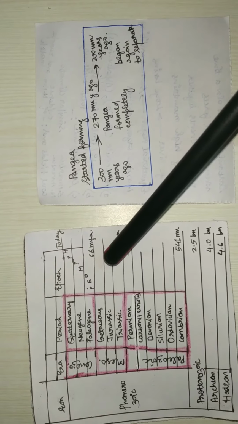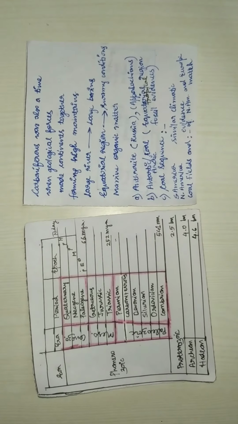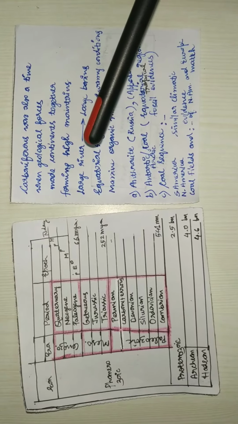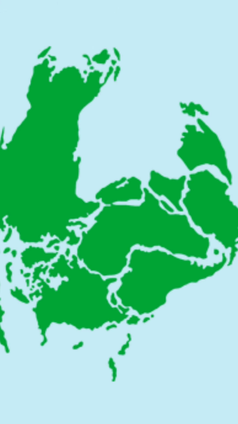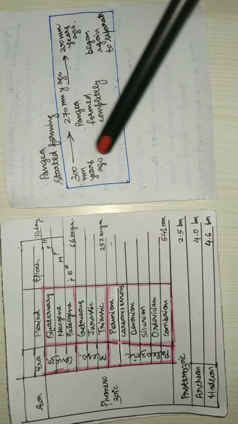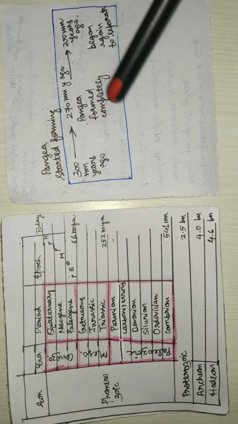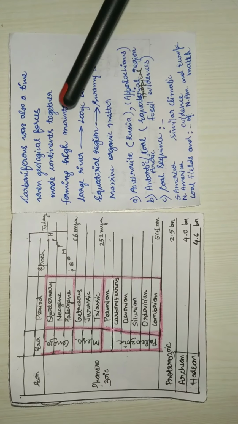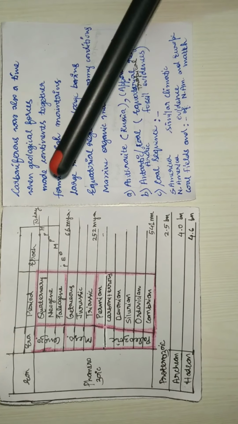It again started separating. Now, when it collided, when the two parts, I'm talking of somewhere between 300 to 270 million years ago, when two land pieces were colliding, forming Pangaea, high mountains were formed, leading to very large rivers forming.